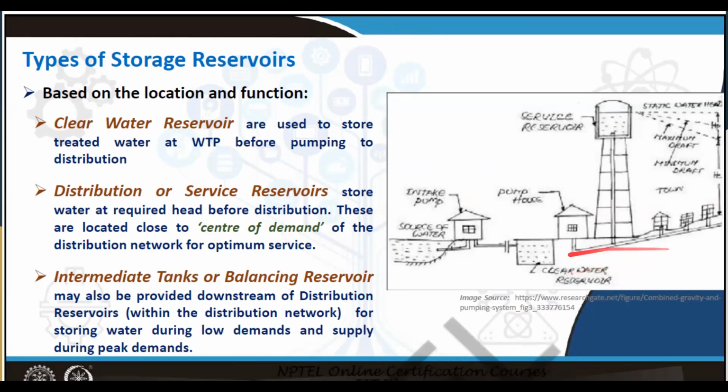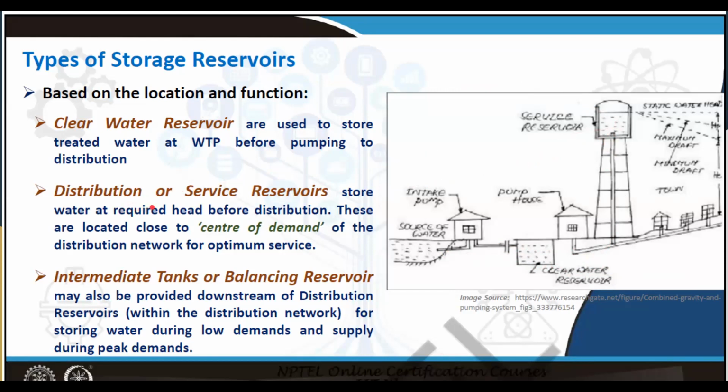So this is the way in which the reservoirs are placed. First, after the intake, or nearest to the source, we have a clear water reservoir. Then we have a distribution reservoir, the overhead service reservoir, at the center. This can be called an overhead service reservoir also.